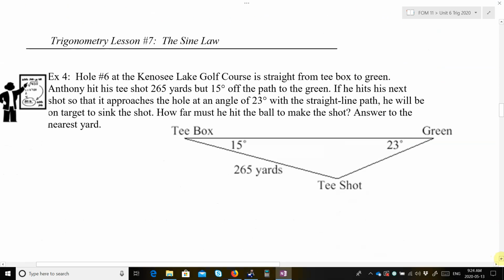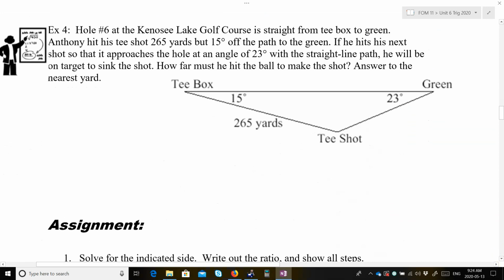All right, let's finish off with an application example. It says hole number 6 at the Kenosee Lake Golf Course is straight from tee box to green. Anthony hit his tee shot 265 yards, but 15 degrees off the path to the green. If he hits his next shot so that it approaches the hole at an angle of 23 degrees with a straight line path, he will be on target to sink the shot.